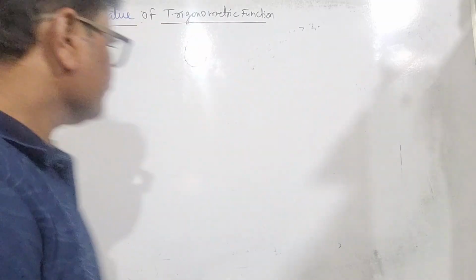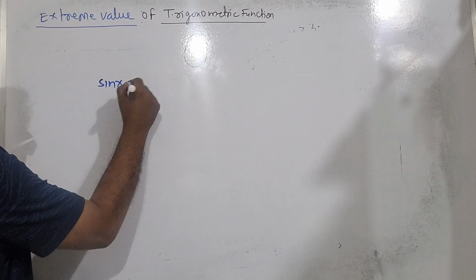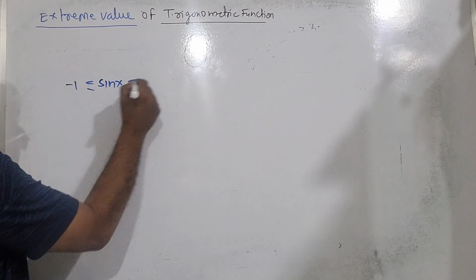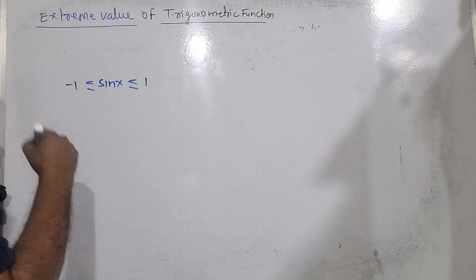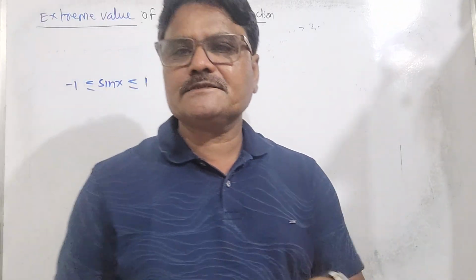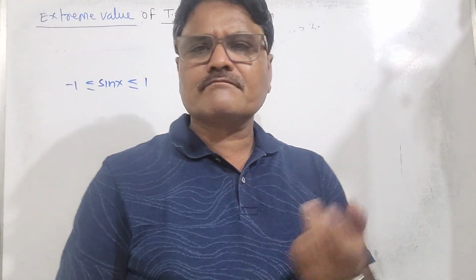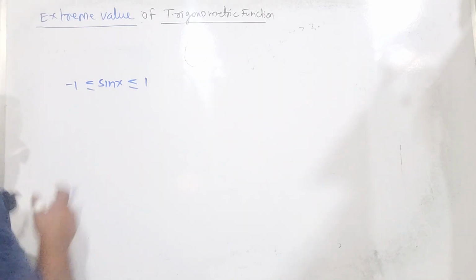For example, the range of the basic trigonometric function sin x is -1 to 1, and sin 2x, sin 3x, sin x by 2, meaning the angle, either multiple angle or submultiple angle, the range is always lying between -1 to 1.